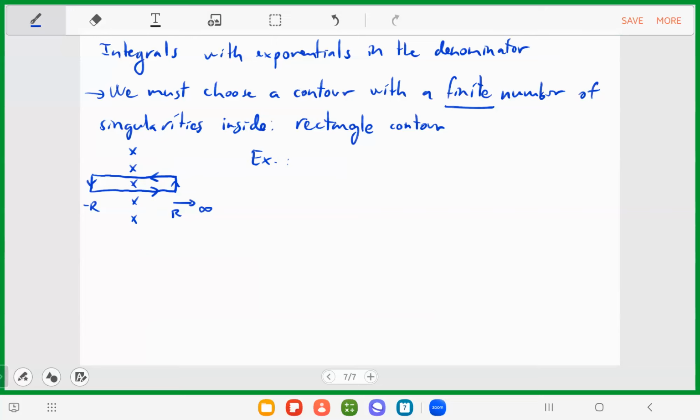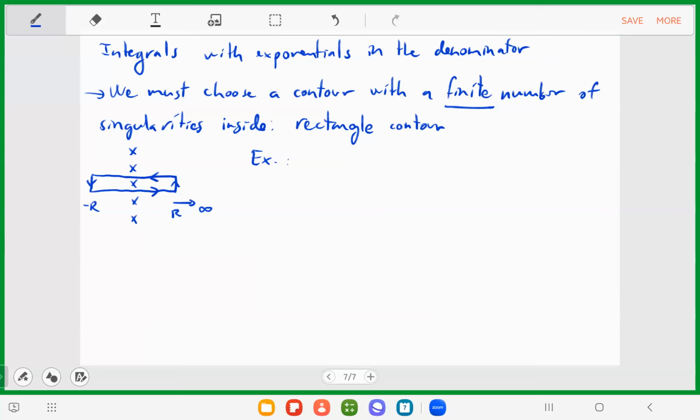Sorry, I forgot to mention, please remember that when I say exponentials, this includes sines and cosines and hyperbolic sines and hyperbolic cosines. Any trigonometric or hyperbolic function is actually a combination of exponentials.